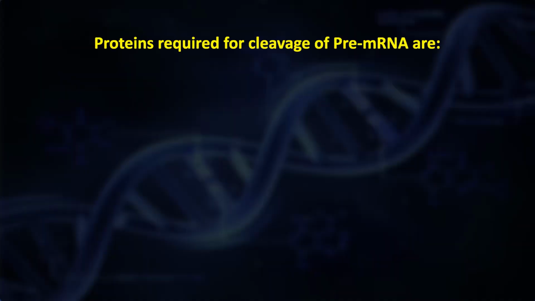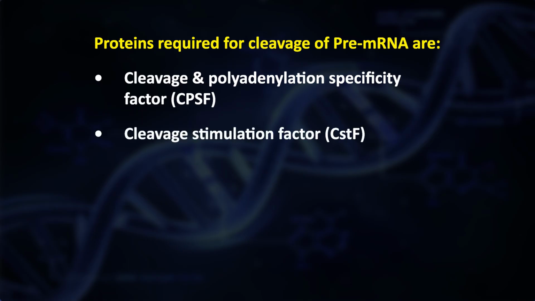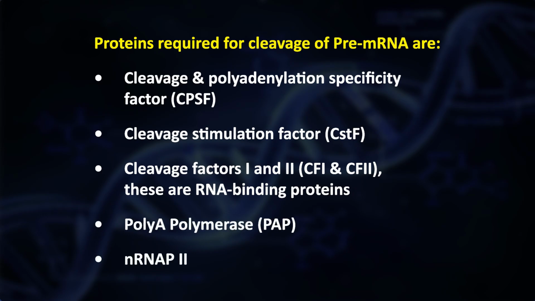Proteins required for cleavage of pre-mRNA are cleavage and polyadenylation specificity factor, that is CPSF, cleavage stimulation factor, that is CSTF, cleavage factors 1 and 2, which are RNA binding proteins, poly A polymerase and RNAP second.